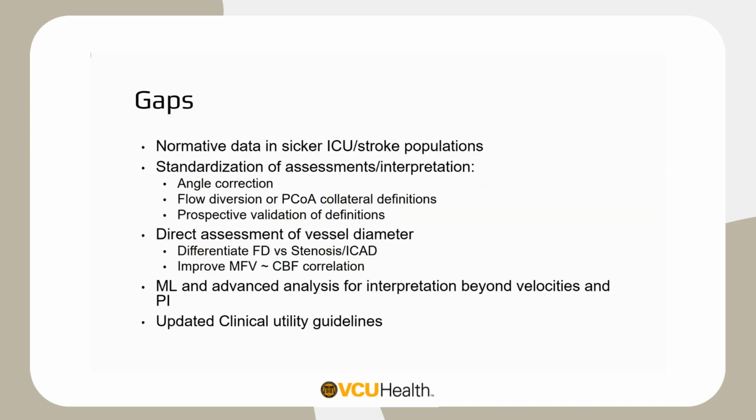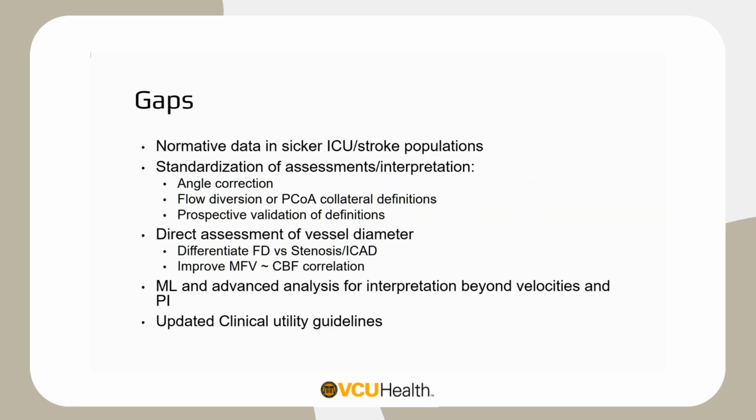So just a few gaps. I was fortunate to speak to one of the more established applications of TCD. I think we have normative data in healthy populations, but the patients we assess in the ICU are often not healthy and have various vascular risk factors coming with various pathologies. It would be helpful to start to get larger data sets of what the velocities look like in these sicker populations.